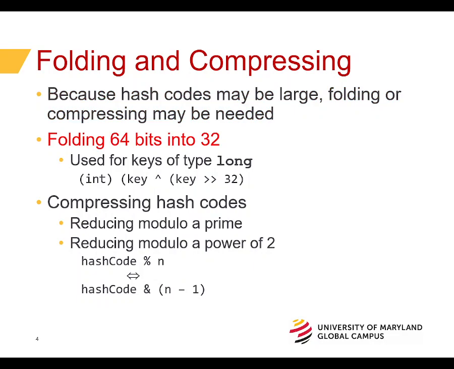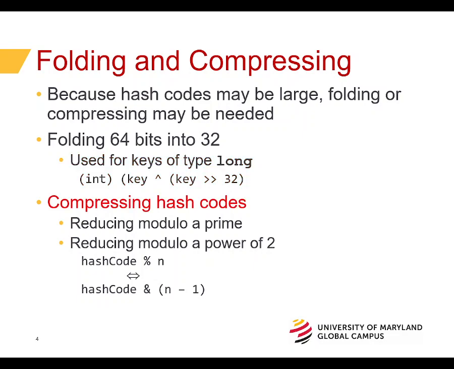An example of a folding technique is one that would fold a 64-bit code into 32 bits. In this technique, the high-order 32 bits are shifted 32 bits to the right, and then exclusive ORed with the lower 32. In that way, all 64 bits have some contribution to the final result.